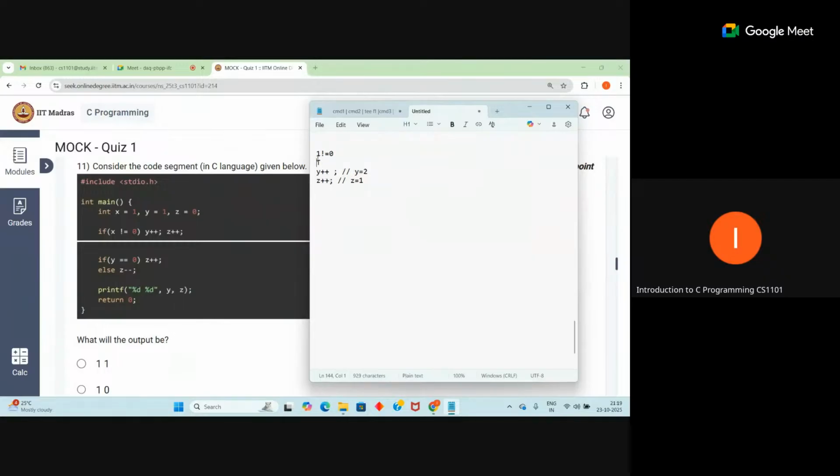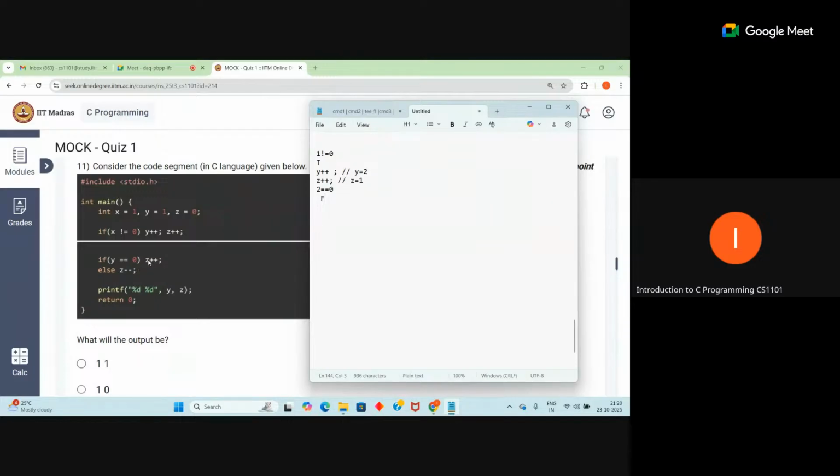Because this condition is true, it will execute y plus plus, and then in continuation it will come to z plus plus. Z will be incremented, and again you are checking the condition. If y equal to 0, is y equal to 0? The y value is 2, and we are comparing with 0, so it is not equal to 0. So this condition will be false.